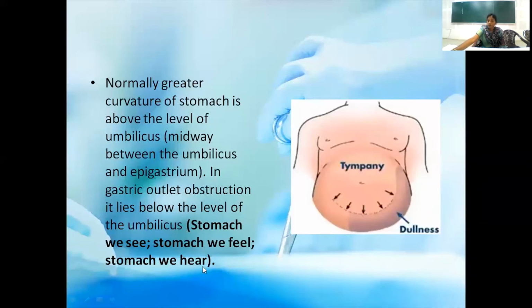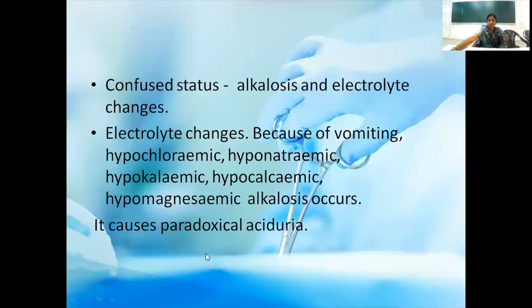So in the auscultopercussion test you can see the stomach, that is, the greater curvature of the stomach can be seen. You can feel the stomach, as while percussing there will be a change in the note from tympanic to dullness, that is, you will feel the stomach. And by auscultating with the help of a stethoscope you can also hear the stomach, that is, the splashing sounds.